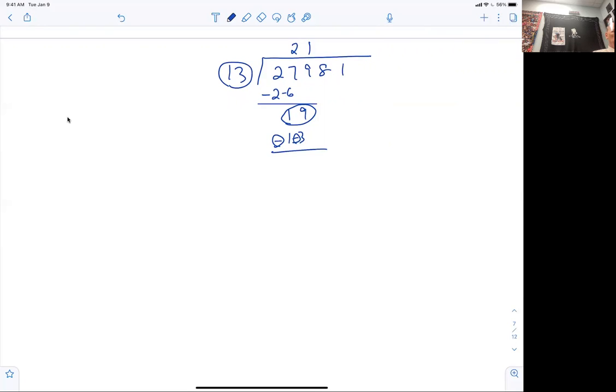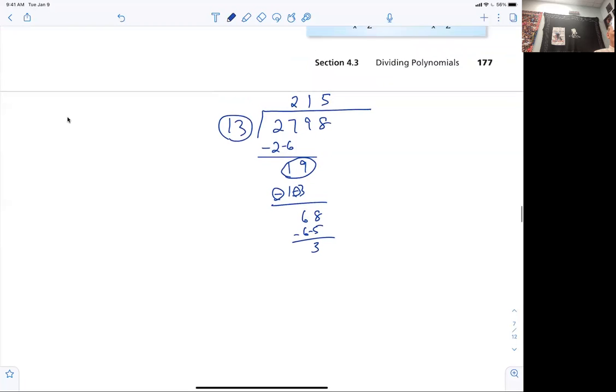So then this is 68 and so on. Let's just end it at the 8. How many times? That would be 5, so that'd be 65. You subtract again, you would get 3. And so the answer would be 215 and 3 over 13. That's how you used to do it. That was the long division.